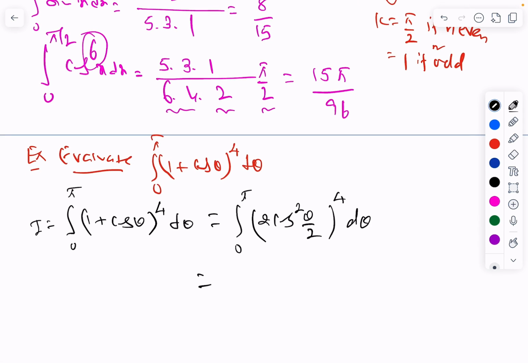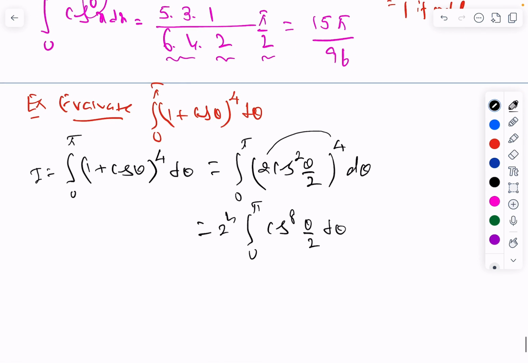So this is 2 power 4 integral 0 to pi cosine power 8 theta by 2 d theta.